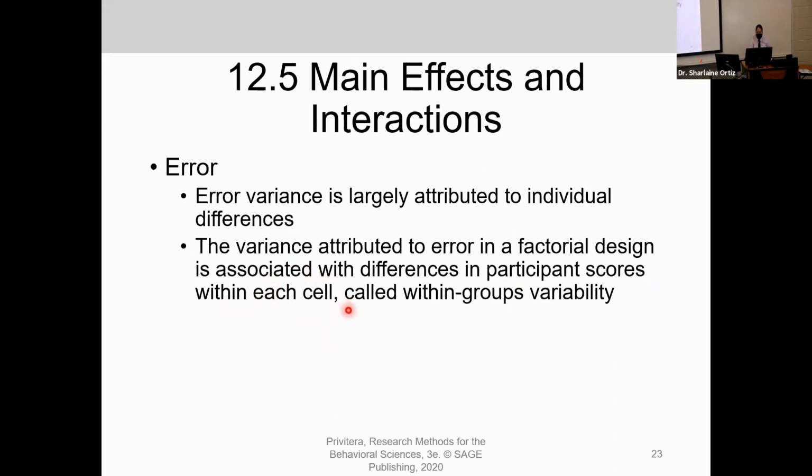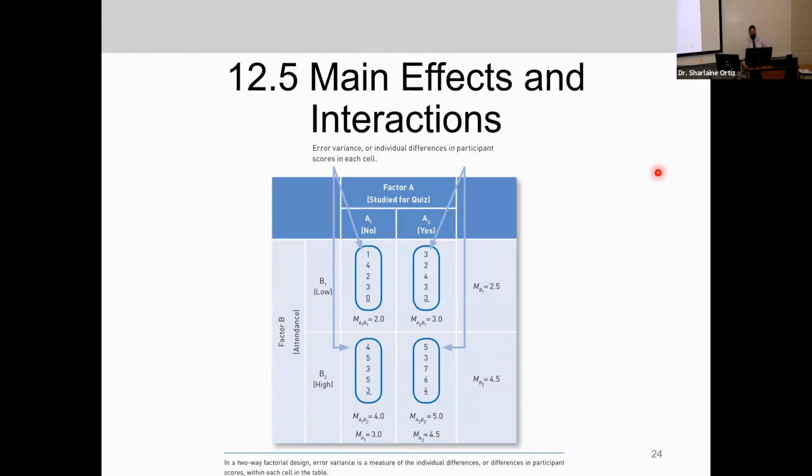And this is something that we generally refer to as within groups variability. Now, we have talked about within groups variability before, but let's look at an illustration of that specific variability.